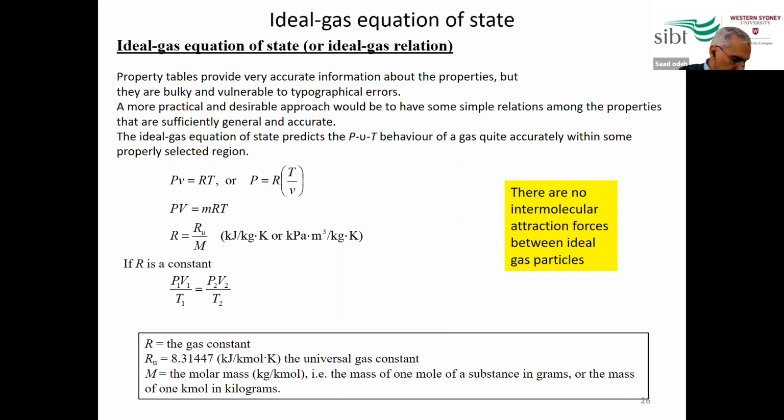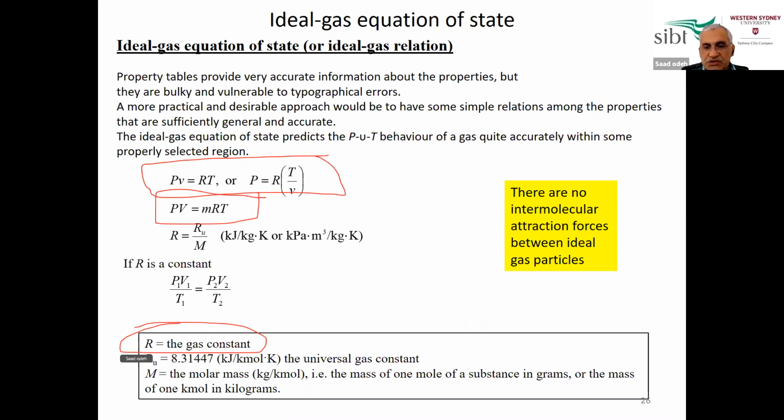If you look at the equation, the first one here, we call this ideal gas equation. And it's simply the pressure multiplied by volume equals the mass multiplied by R, which is the gas constant, multiplied by T. So R, the gas constant, is constant for each type of gas.